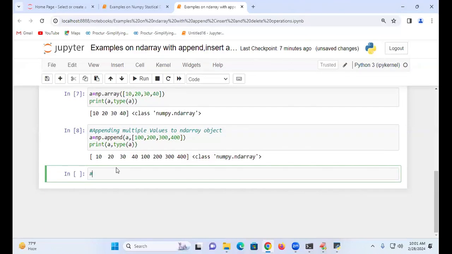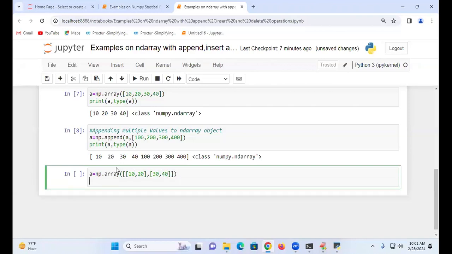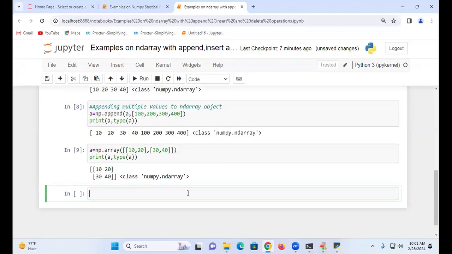A is equal to np.array of, what are my values here? I will take 10, 20, and then 30, 40. Print of A comma type of A. This is my data. Please be careful, students.